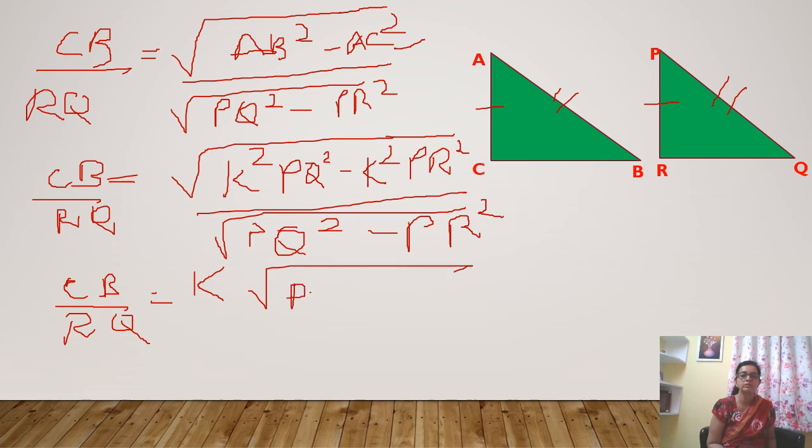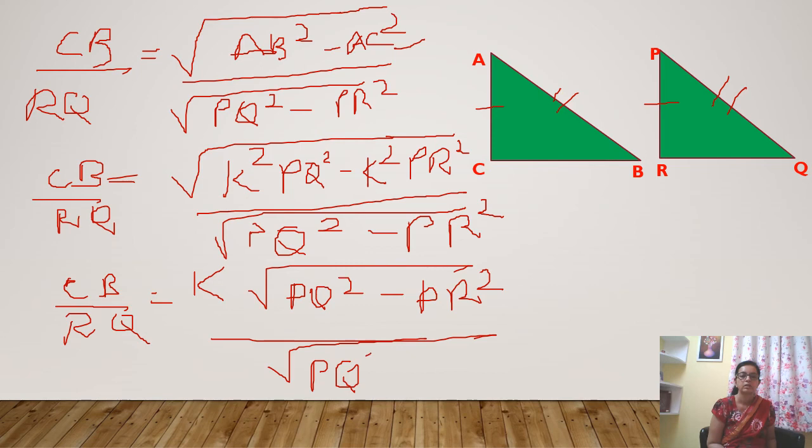PQ squared minus PR squared upon again PQ squared minus PR squared. And these will get cut, and we arrived at our purpose, which is fulfilled. We got CB upon RQ is equal to K.